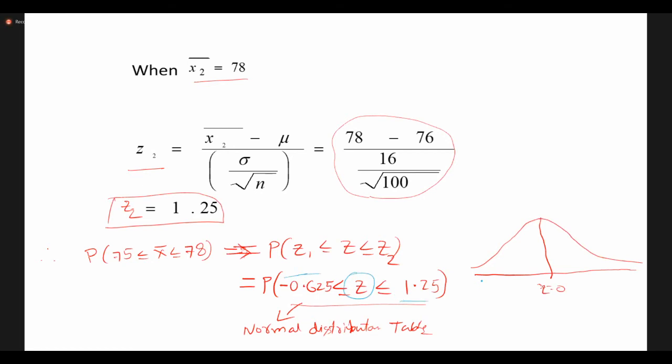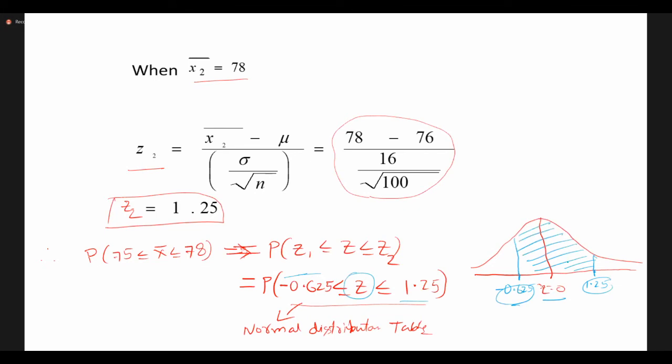One is negative, which means to the left of this point, somewhere here, minus 0.625. The second point is 1.25, which is positive, somewhere here. Z lies between these two points, so the required area is this shaded area.